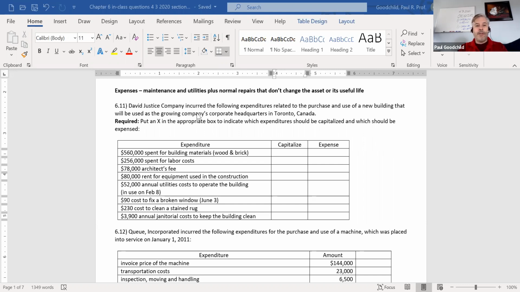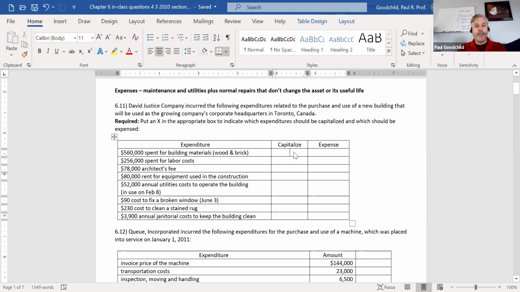Okay. So it says the company incurred the following expenditures related to the purchase and use of a new building that will be used as the growing company's corporate headquarters. Put an X in the appropriate box to indicate whether they should be capitalized or expensed. First one, $560,000 spent for building materials.